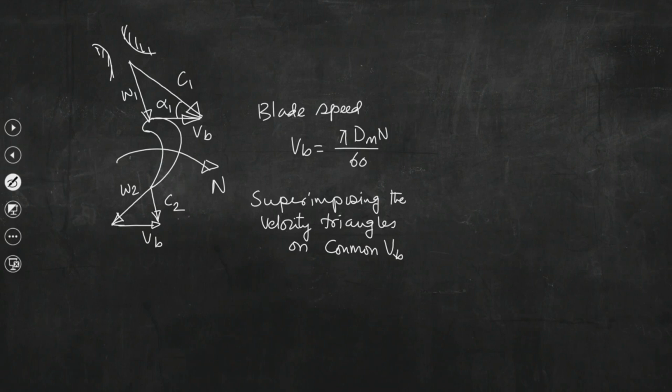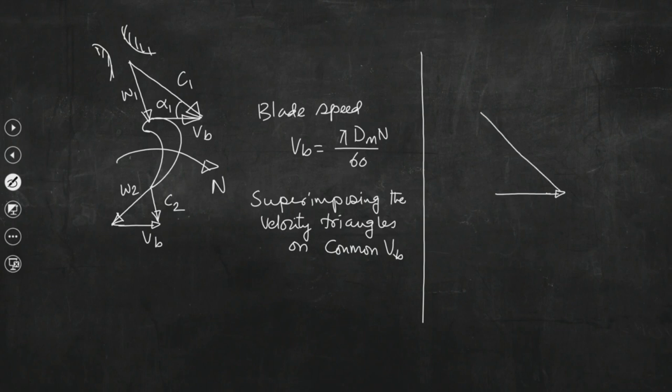So, if we try to draw the common velocity, rather if we try to superimpose these two velocity triangles on a common Vb. So, this is Vb, this is C1 and this is W1.